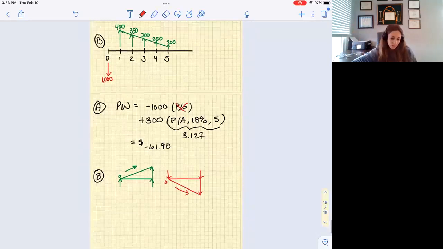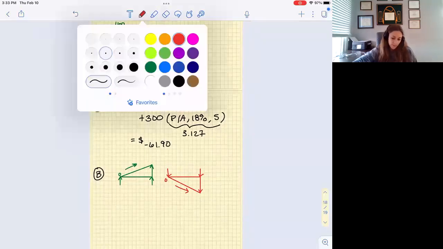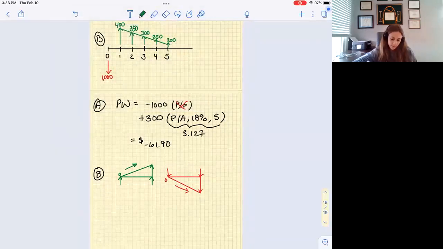Okay, so the way to handle that is to sort of think of it as, instead of, see how we had an annuity and then we added on top a gradient? Instead of that, we're going to look at it as a big annuity at the highest point.